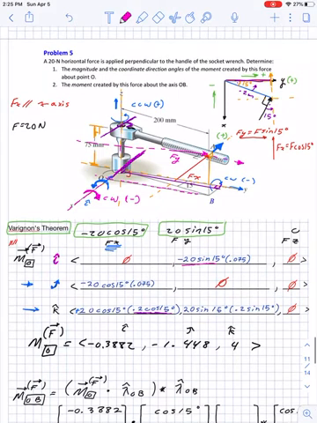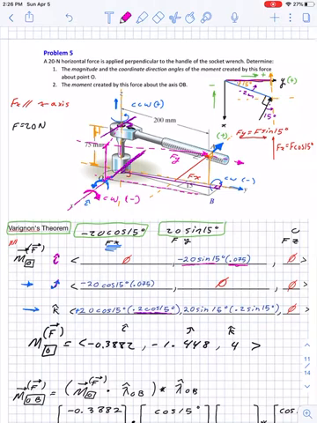Well, again, it's the z distance right here. And so that's why we have 0.75 right there.